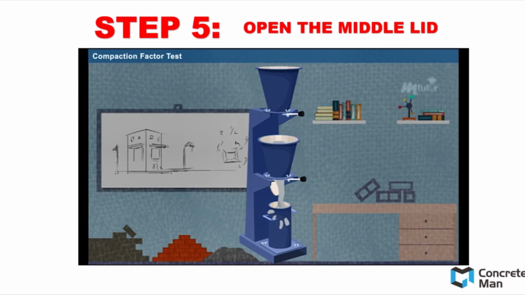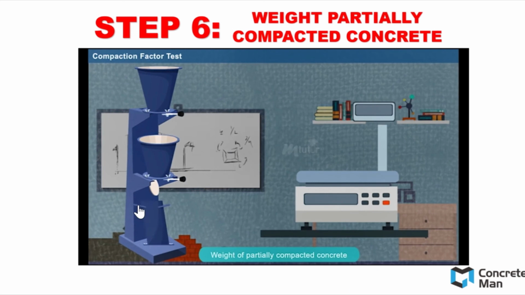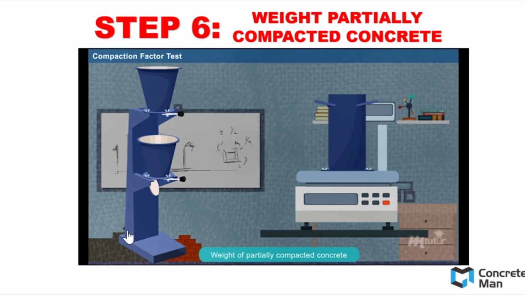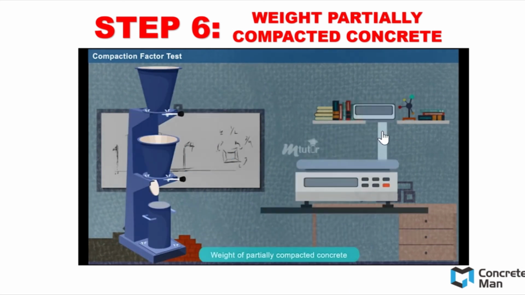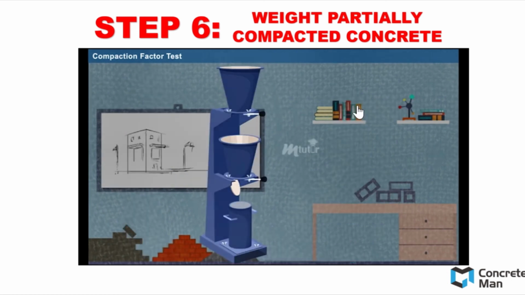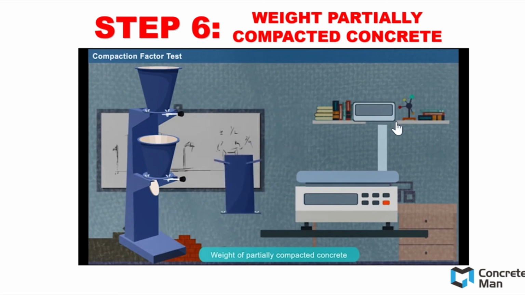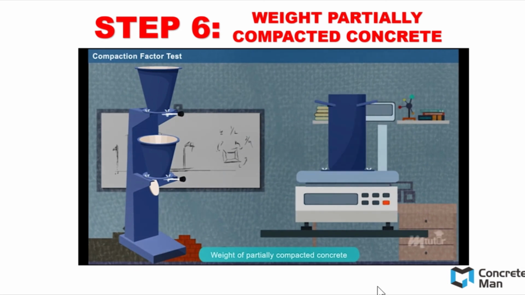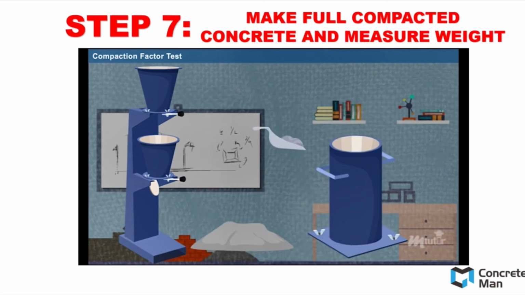Once you have done this, step 6, take this partially compacted concrete, weigh it, and then record the weight of the partially compacted concrete, W2. Jot it down, W2. After you have done this, pour the concrete back into your mix, and then you are going to do a full compaction of the concrete in 3 levels.